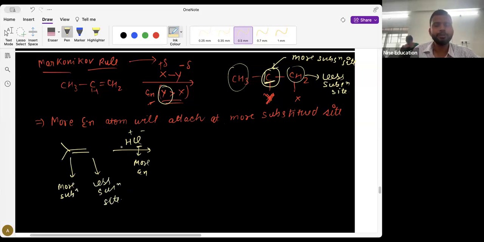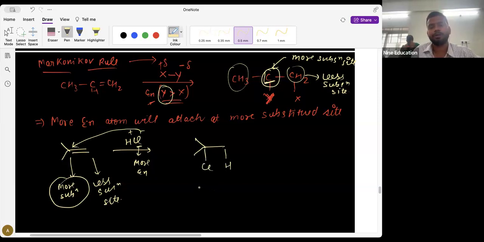So out of these two, Cl minus will always try to go at more substituted side. So Cl minus यहाँ आता and H will come at less substituted. Always remember beta. So दूसरा वाला product will be the minor product. This will be our major product, है ना?